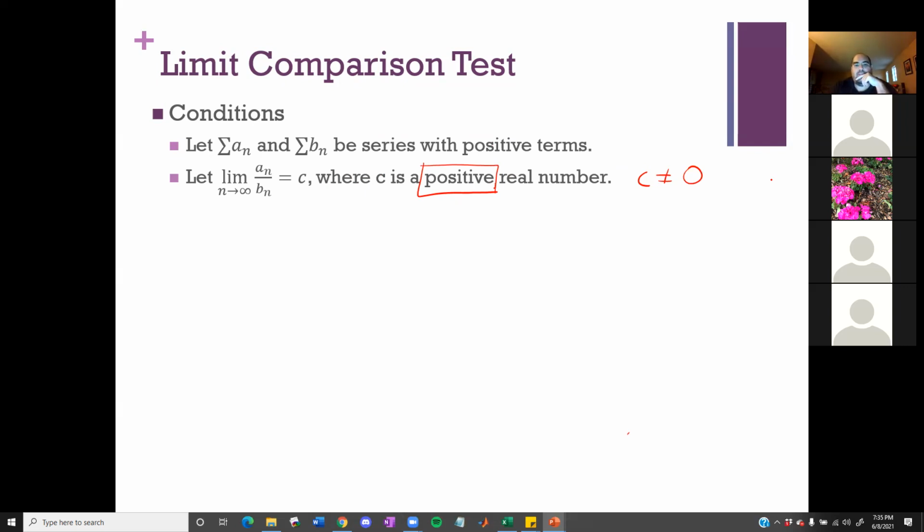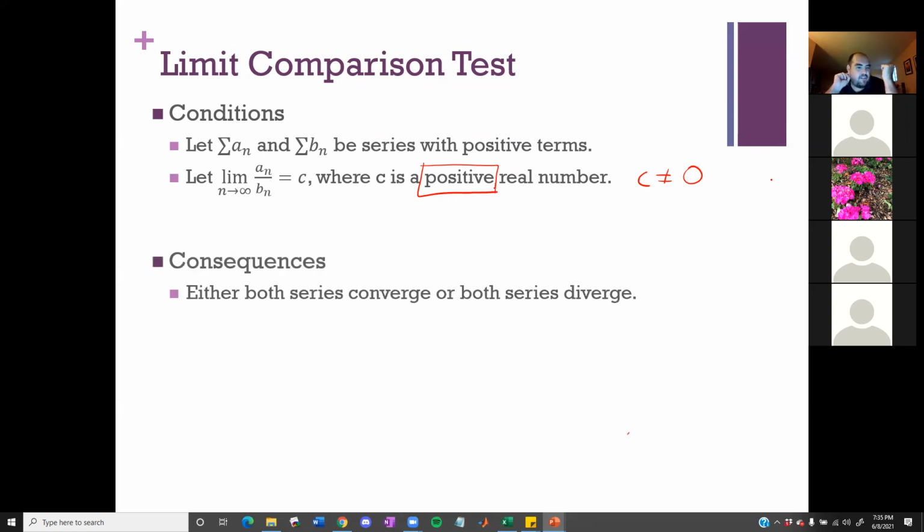So if you meet those two conditions, here's what the limit comparison test tells you: either both series converge or both series diverge. So if you can show that the limit of the ratio of those sequences is a positive number, then you know both series have the same behavior.